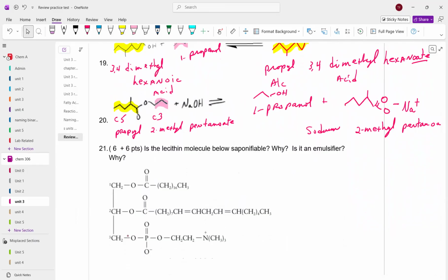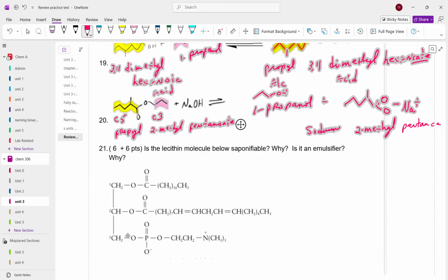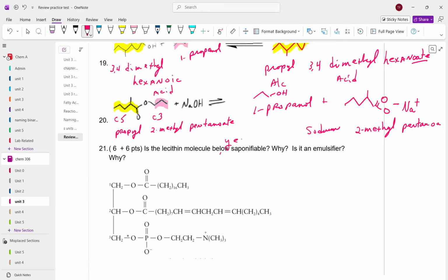Under alkaline conditions, though, not under acidic conditions, only alkaline. Okay, so the answer is yes. It's saponifiable. Why? Ester present.